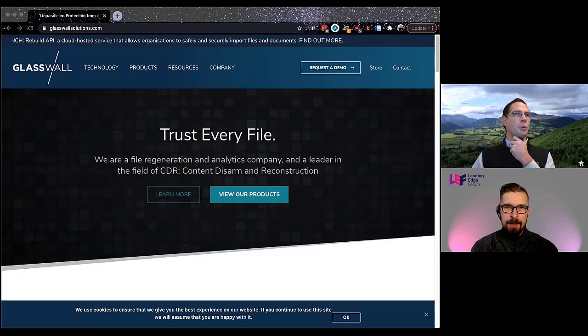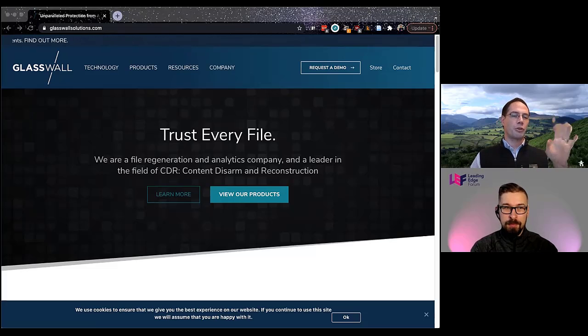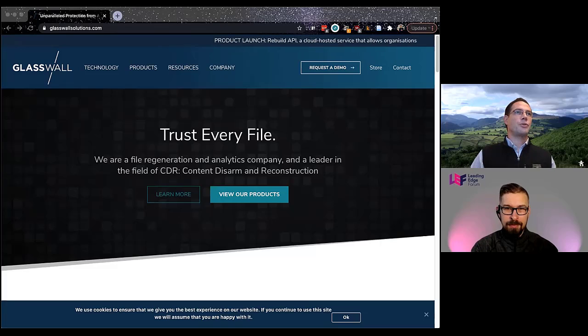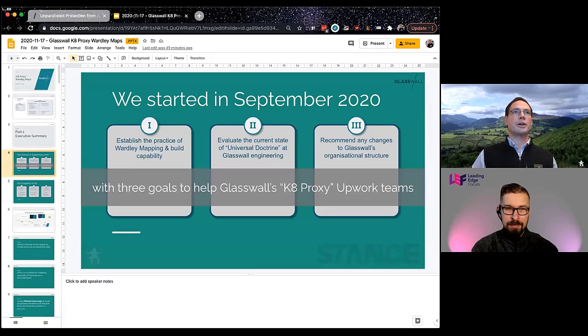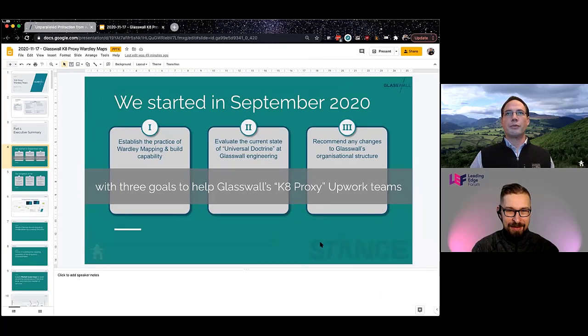So we were brought in to help them organize effectively around these temporary resources, and around this project that they called the Kubernetes proxy, or the K8s proxy. And here's part of this massive slide deck, which you're welcome to have a look at afterwards, that we've delivered for them.